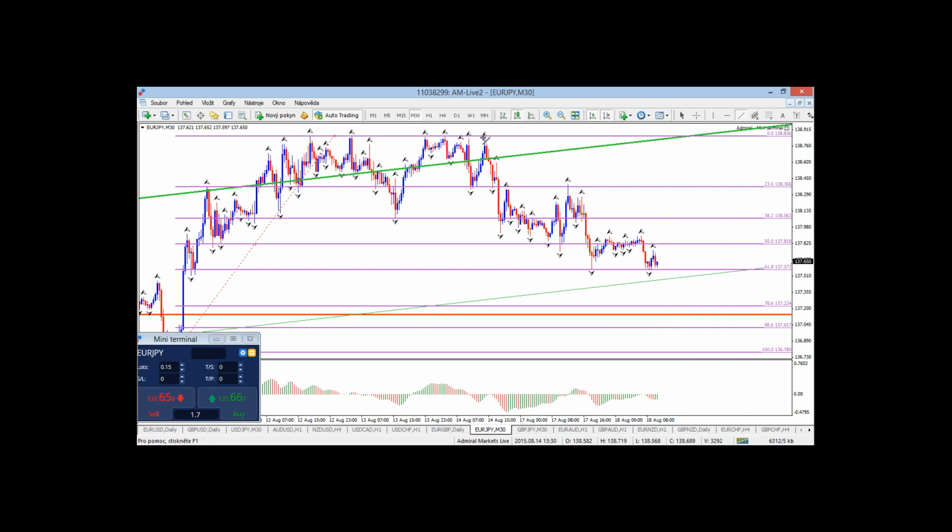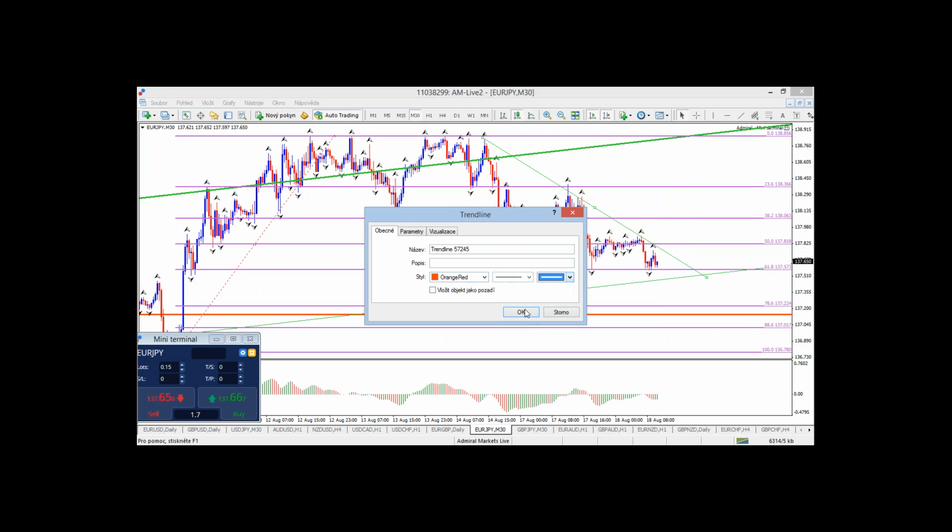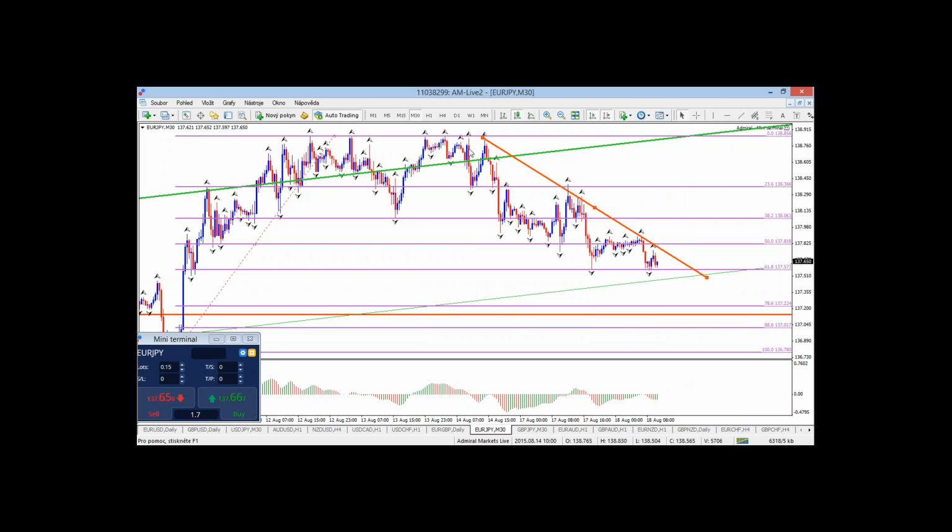Now, that leads to a couple of things. One of them is the bounce off here or lower. The other could be to wait for a breakout of this resistance line and trade the break as it pushes through this resistance. That would be the alternative.